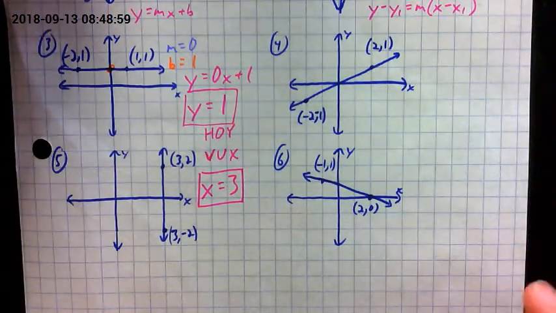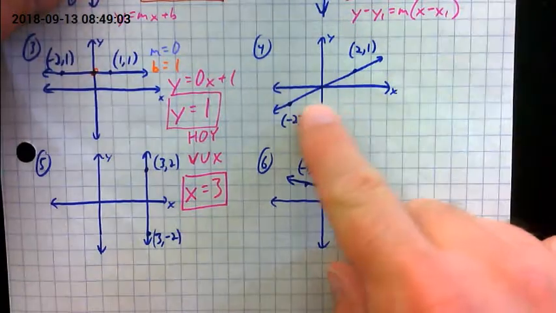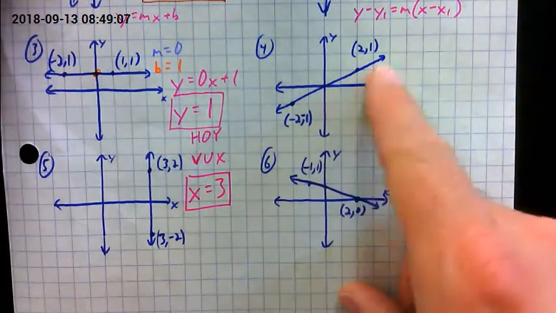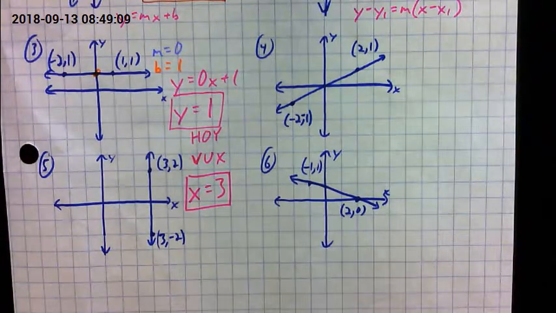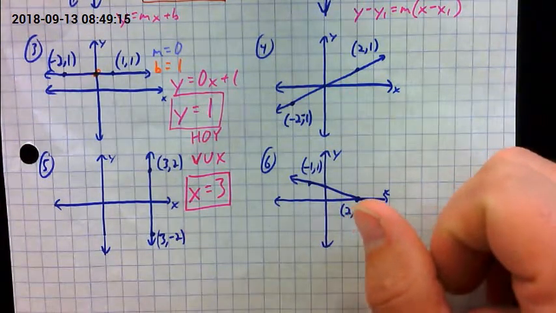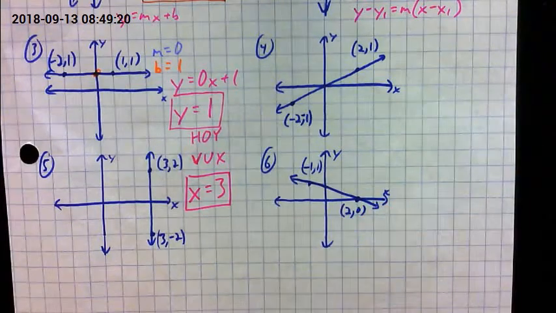All right. On number 4. So, on this one, what format should I write this line in? Should it be slope-intercept or point-slope? Can you easily identify a point that it's going through on the y-intercept? You said yeah. All right.